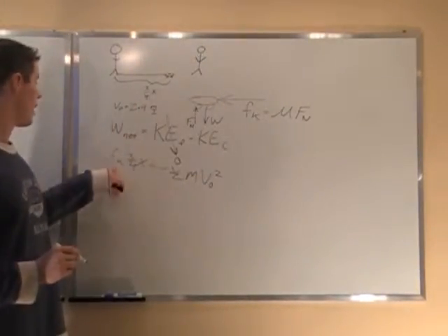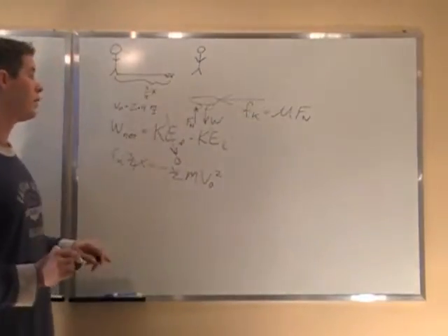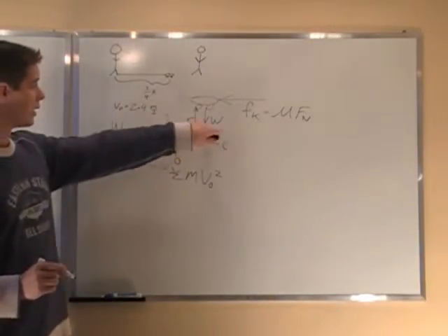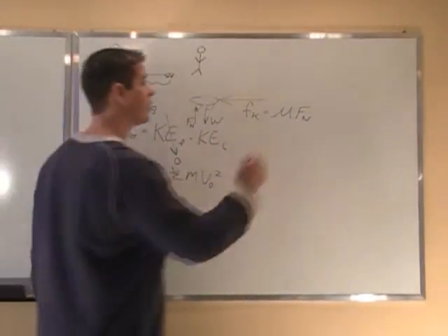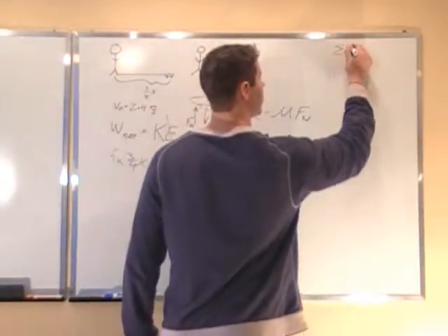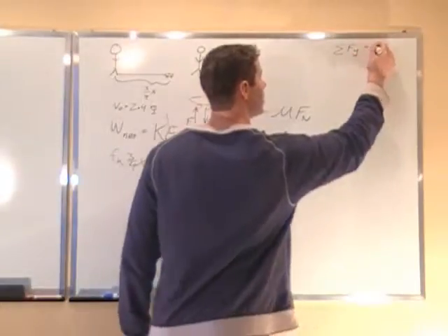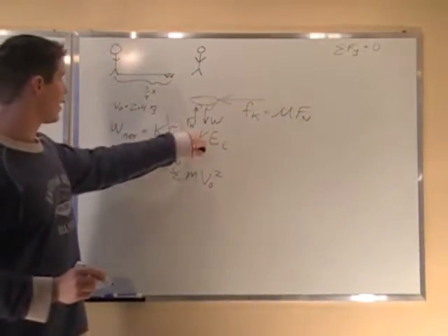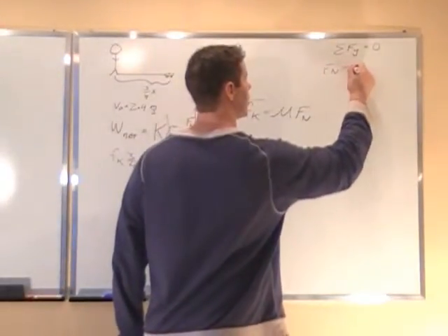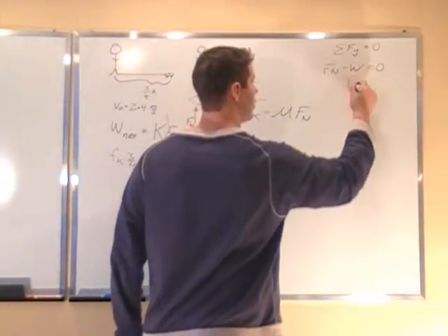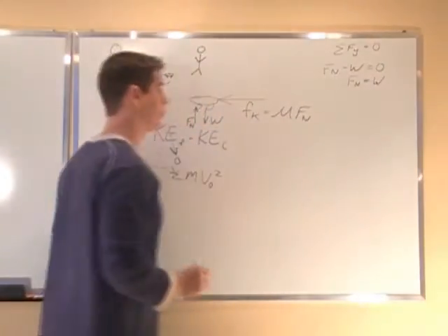So Fk is mu Fn, and we don't know what Fn is, but we can figure it out by doing the sum of the forces in the y direction. Sum of the forces, y direction equals 0. We have Fn minus W. So our normal force minus the weight equals 0. Normal force equals weight.